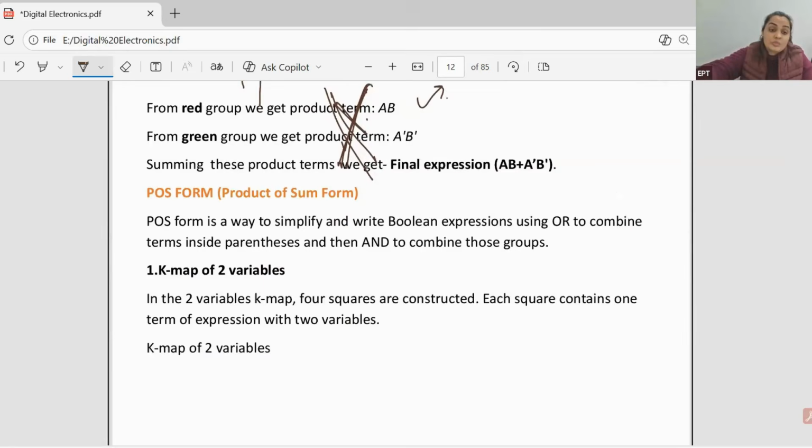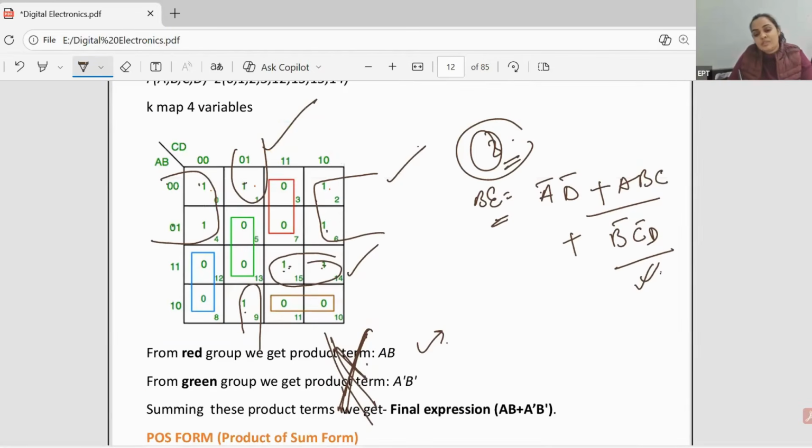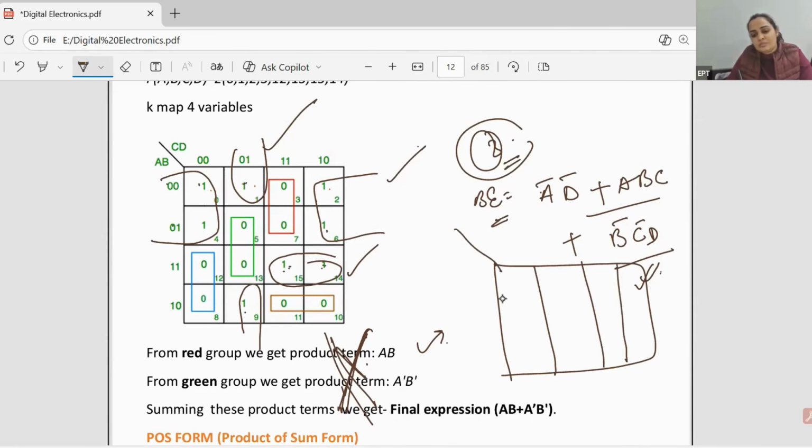Right, now the second is POS. And see students, I will quickly show you how you can make a quad, and for 4 variable problems good questions can be formed.